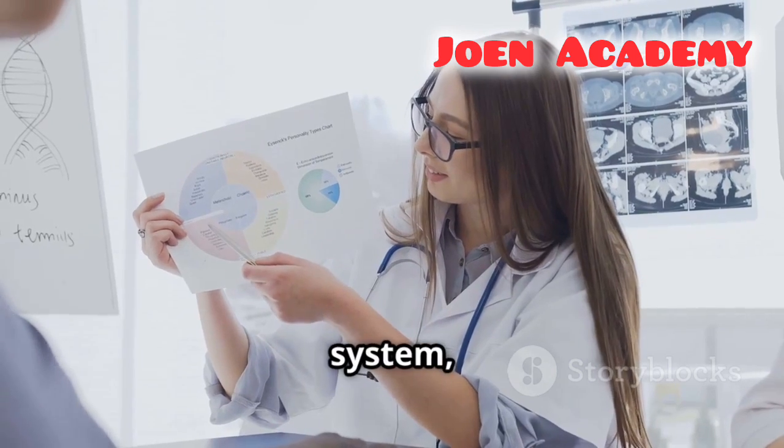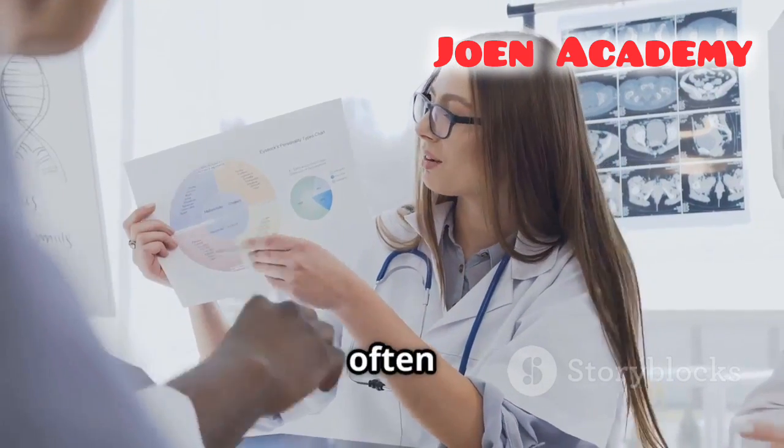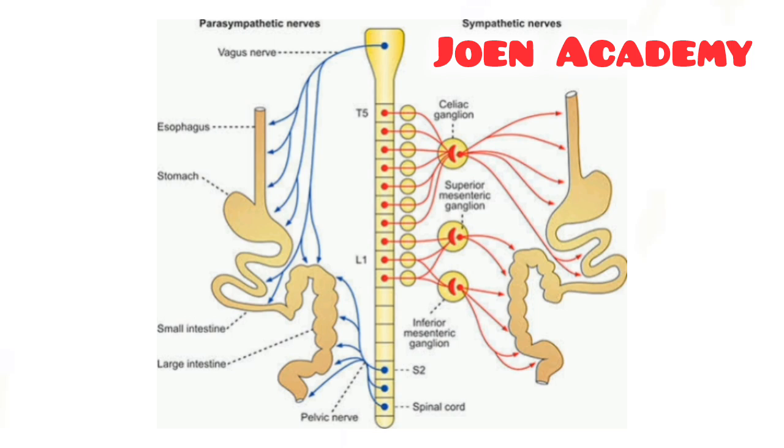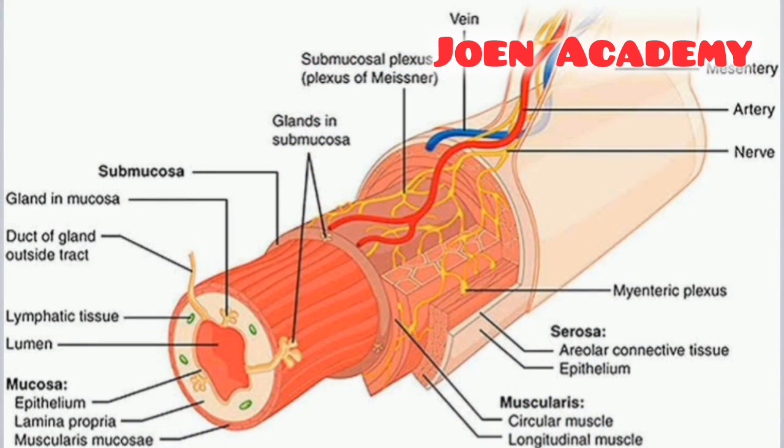The enteric nervous system, or ENS, is often referred to as the second brain. It consists of two major interconnected plexuses within the colonic wall, the myenteric plexus, or Auerbach's plexus, located between the circular and longitudinal muscle layers, and the submucosal plexus, or Meissner's plexus, found in the submucosa.